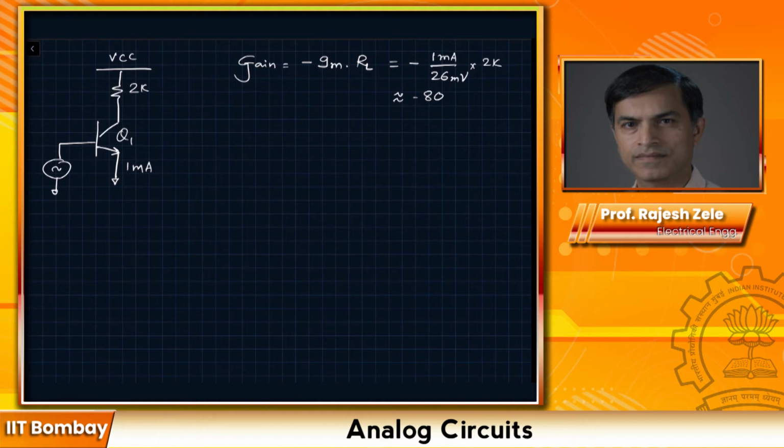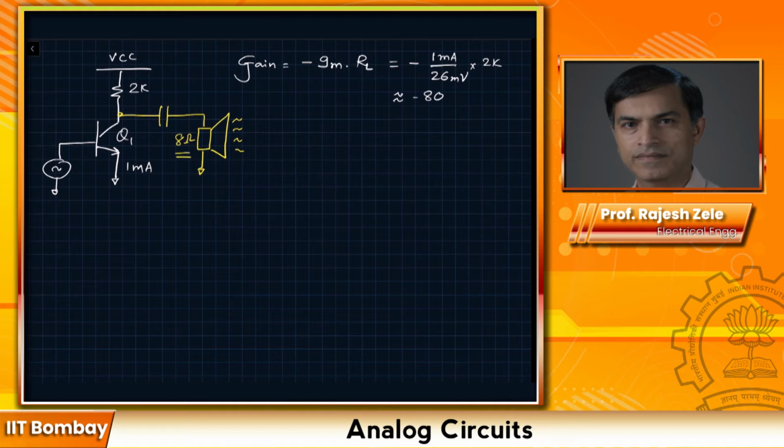Now, if we decide to use this amplifier to drive, let's say, a speaker, for example, the circuit will get modified like this. We would add a blocking capacitor, and then we will connect the speaker. The speaker resistance is typically something like 8 ohms. As soon as you add 8 ohms, what will be our gain?